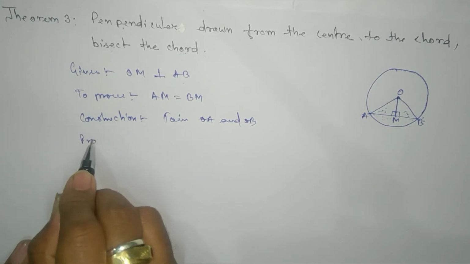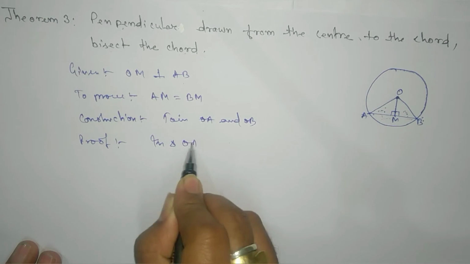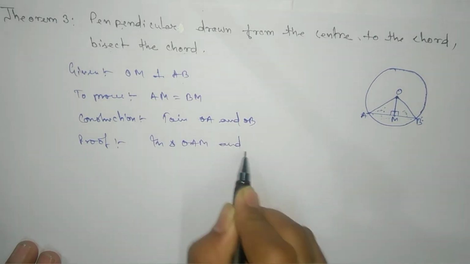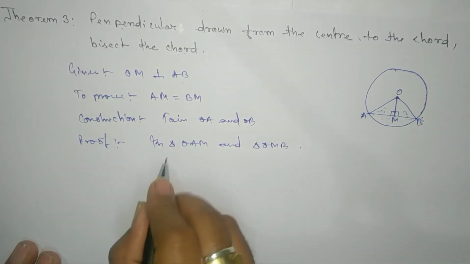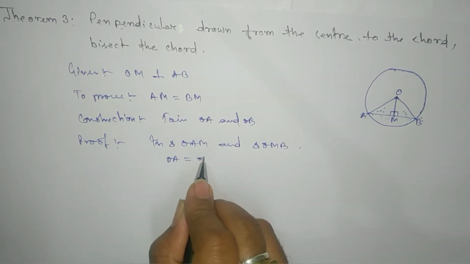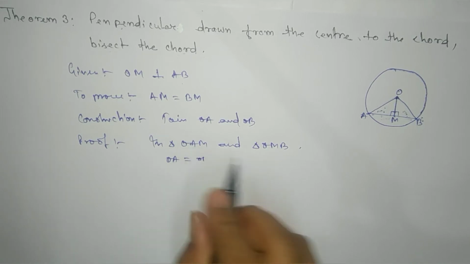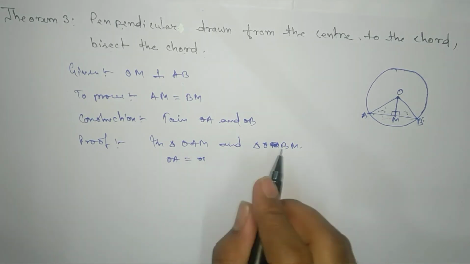So proof: in triangle OAM and triangle OBM, sorry, here we need to write OBM. Okay, order is very much important.